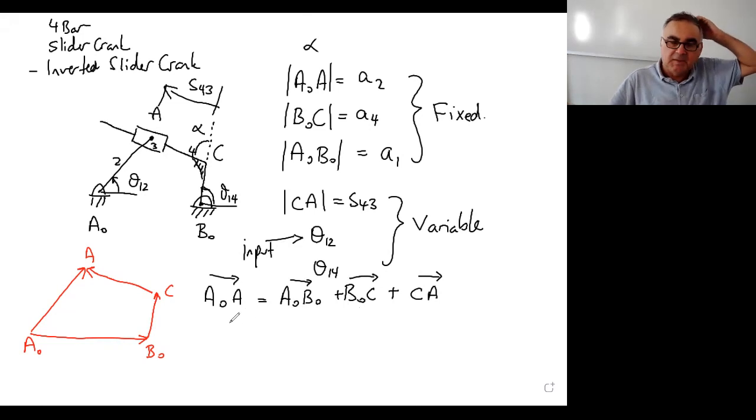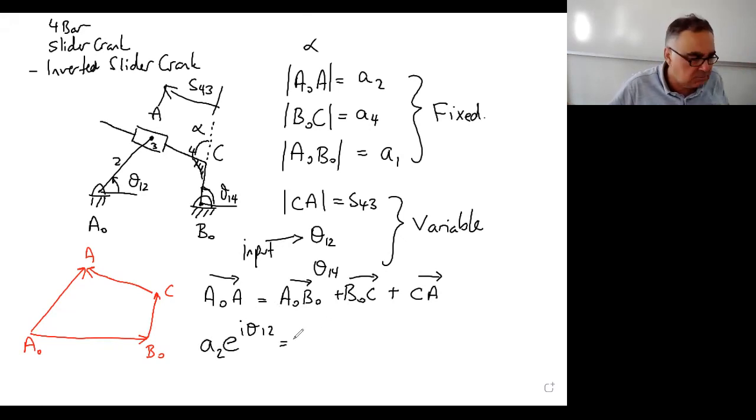Now, in the complex number notation, it is A2 e to the i theta 1, 2 equals A1 plus B0C, what was it, A4 e to the i theta 1, 4, plus CA.